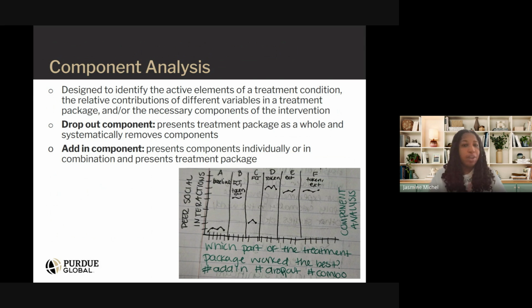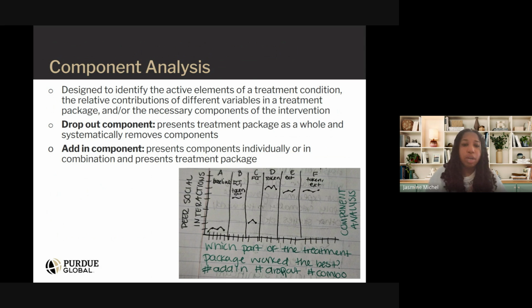So on this graph here that I also created, you're going to ask this question: which part of the treatment works best for this client? Now, for this one, we're going to talk about peer social interaction. Intervention A is a baseline. As you can see on this graph right here, this client has no peer social interaction.